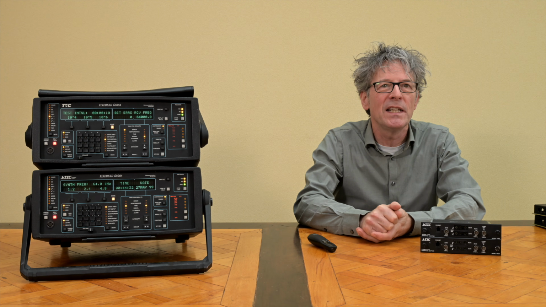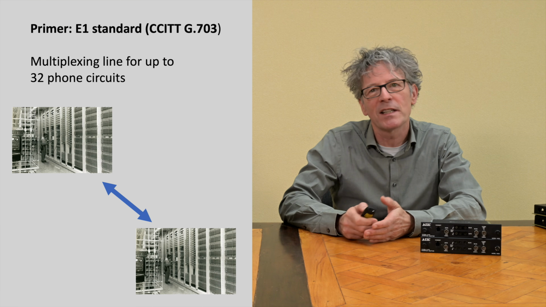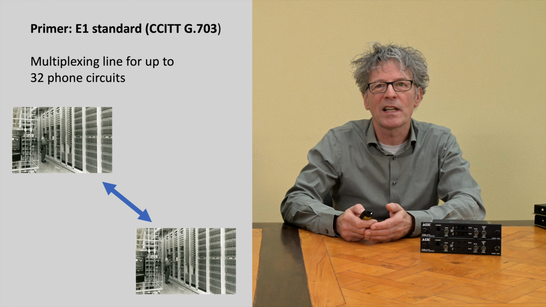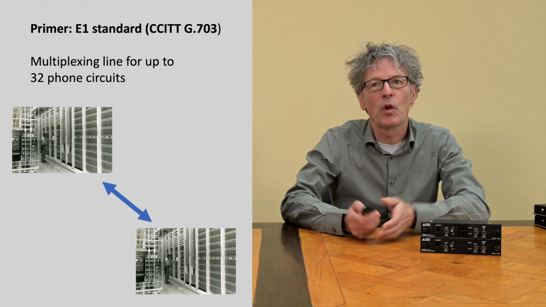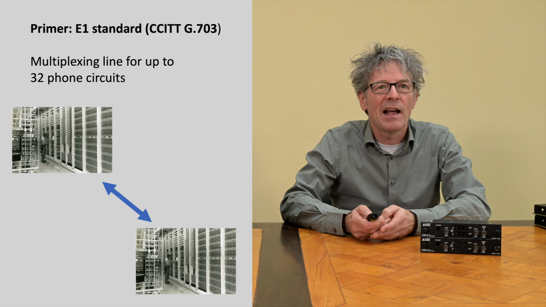So basically the European E1 standard is an interface for multiplexing up to 32 telephone circuits, which is to be used basically between central offices within a telecommunications network.